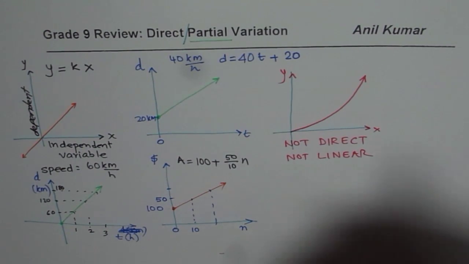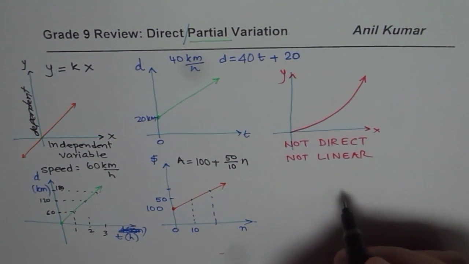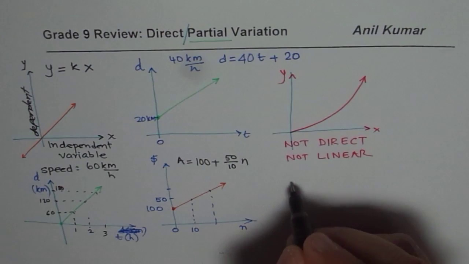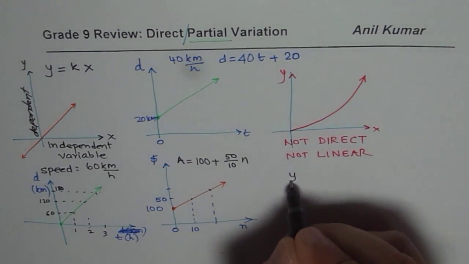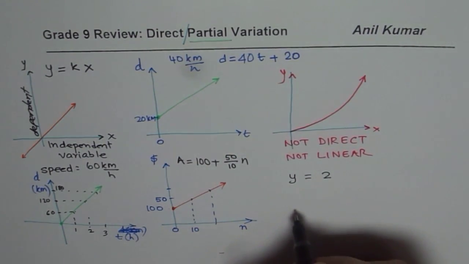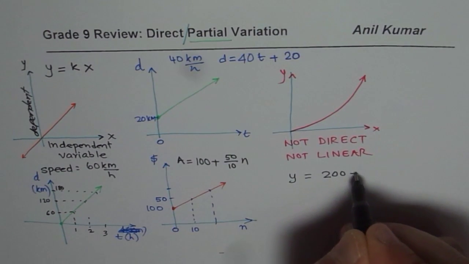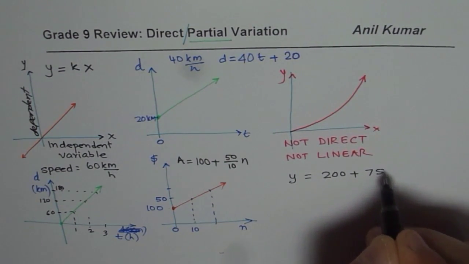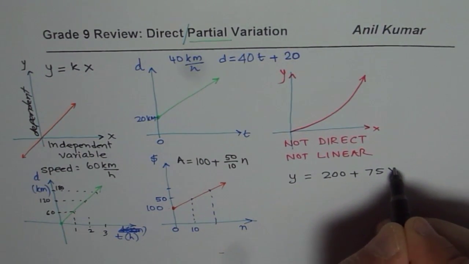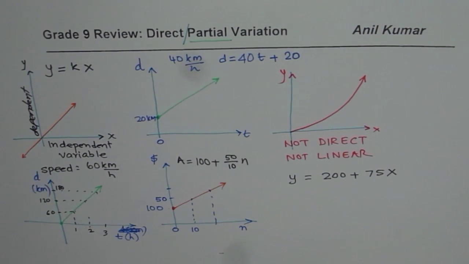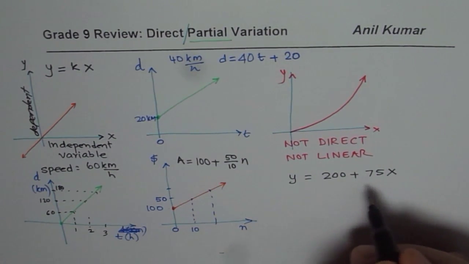Now let me give you a few equations, and your question is to tell me whether these equations represent direct variation or not. Let's say we have y equals 200 plus 75x. Does it represent direct variation or partial variation?